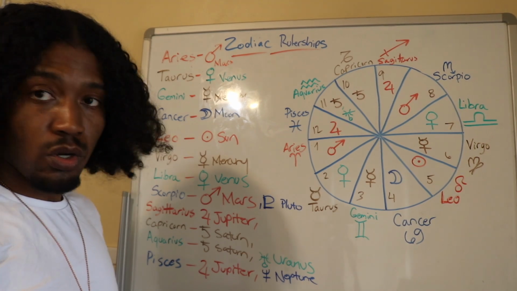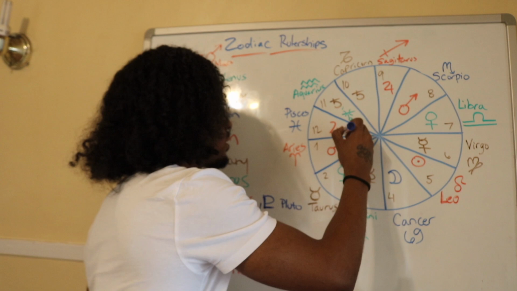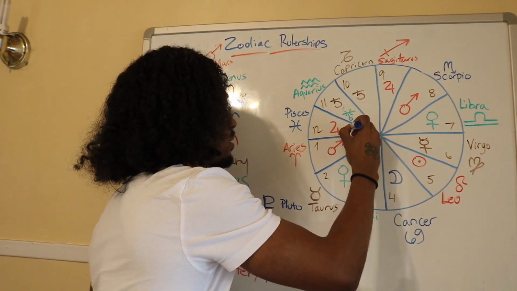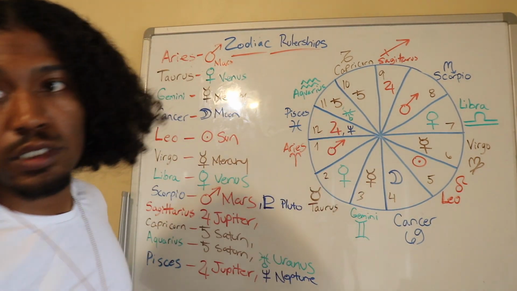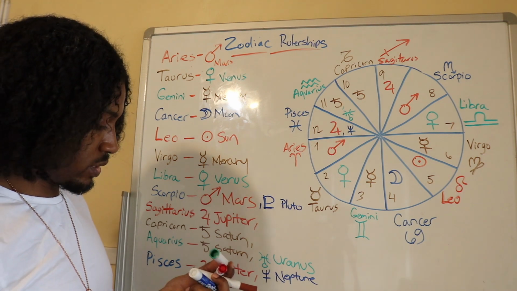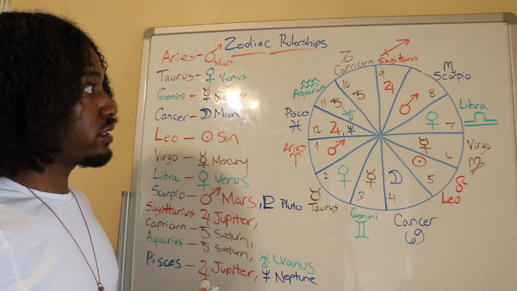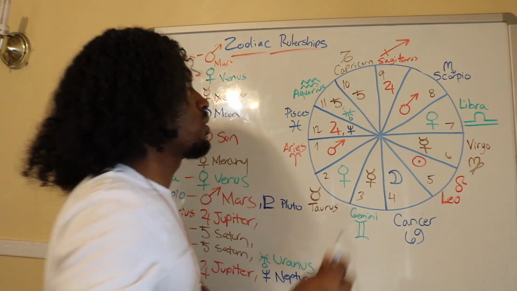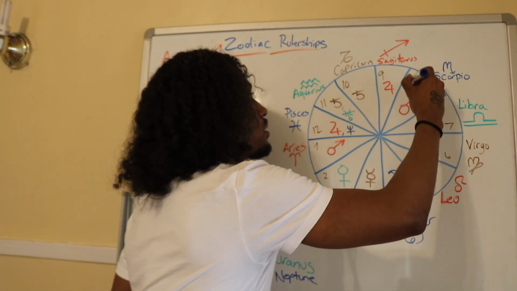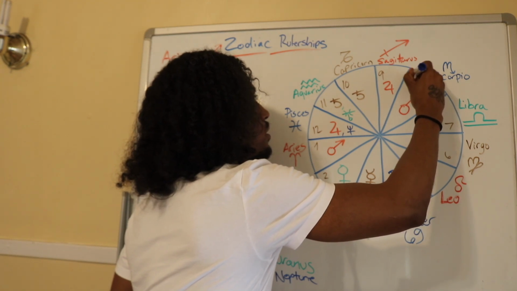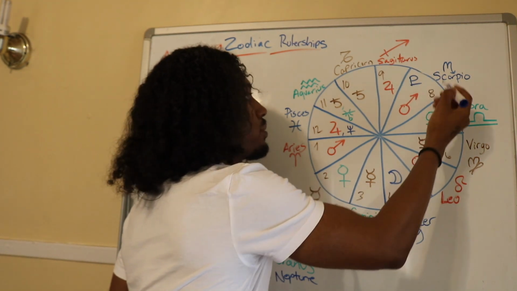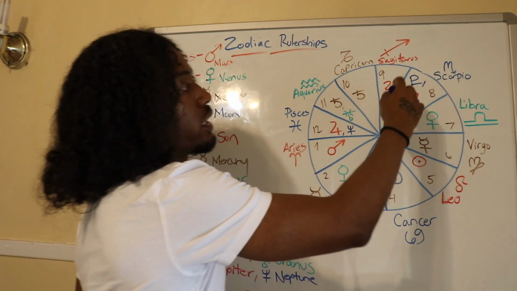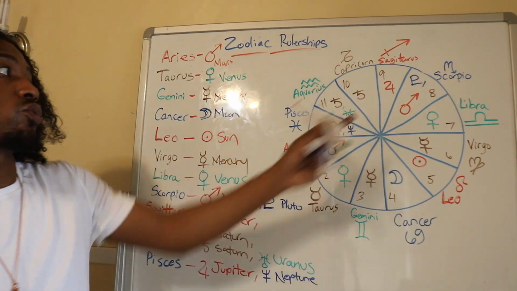Neptune co-rules over Pisces. Alright, so if y'all can see that, Neptune is over here. Then, after that, we go over here to Scorpio, right? And they gave Pluto co-rulership, basically. Alright, looks like a P and an L. They gave it co-rulership to Scorpio, right?